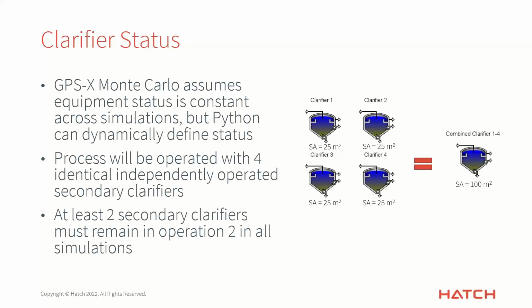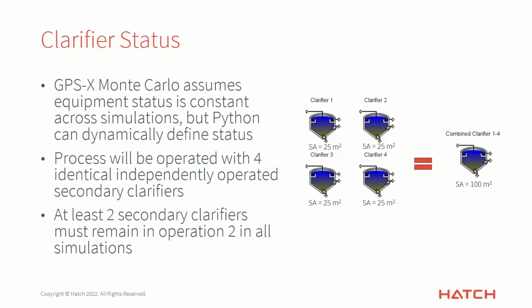All right, so the final source of uncertainty that we're going to take a look at is around the operational status of things like the clarifiers, where we're going to say that our plant has 4 clarifiers that are equivalent physically and get the same flow distribution sent to each of them. So we can represent that as just a single object in GPS-X, where we do that by summing the overall surface area of the 4 independent clarifiers.